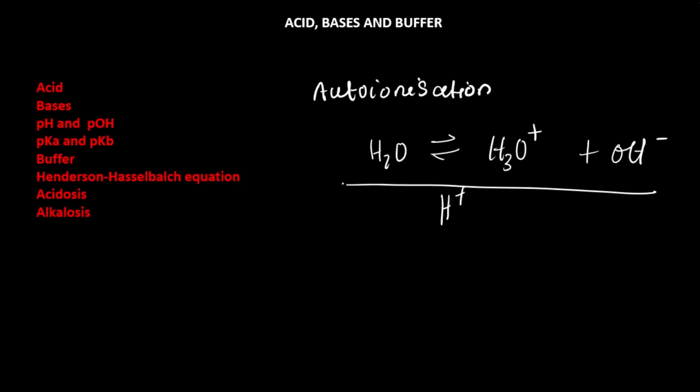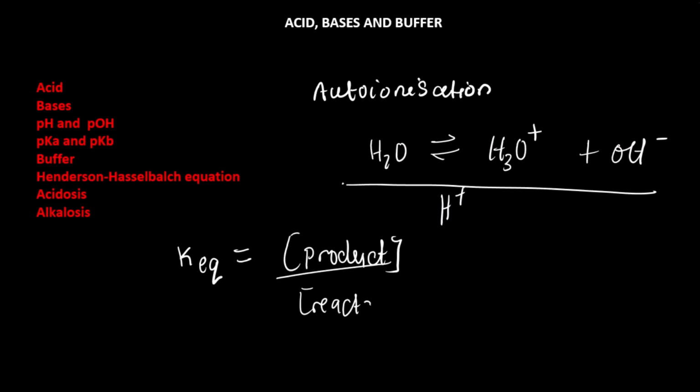Now this ionic product of water is derived from the equilibrium equation. The formula for the equilibrium constant is the concentration of the products divided by the concentration of the reactants. Okay, now this is raised to the power of the mole.